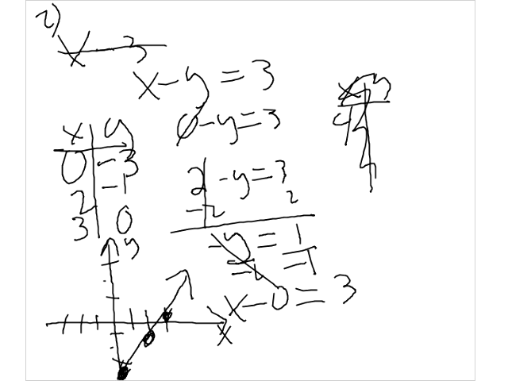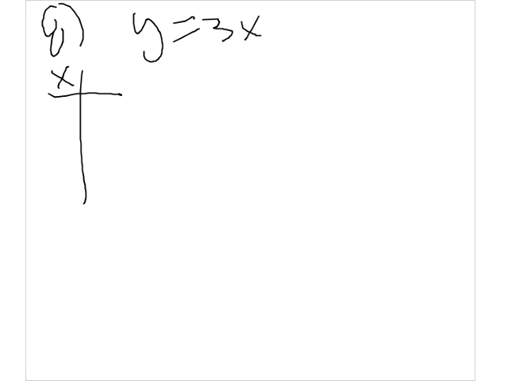Okay, and then the other one I wanted to look at is 8, just because they want us to do it in this method. Eight says y equals 3x. Now, they want us to plug in negative 2 and then 0 and 2.